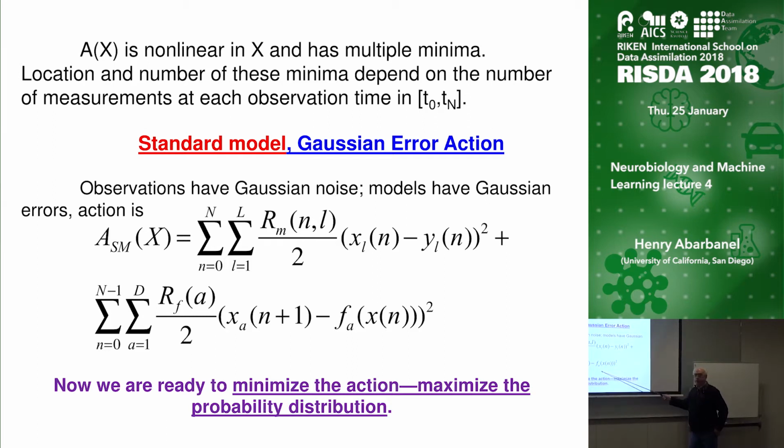Suppose you go to the other limit and you make the model completely imprecise, and you go to Rf equals 0. Then you have to minimize this. That's no big deal. That says x equals y in the variables that you measured. And it's very degenerate because it is completely independent of the variables you didn't measure.